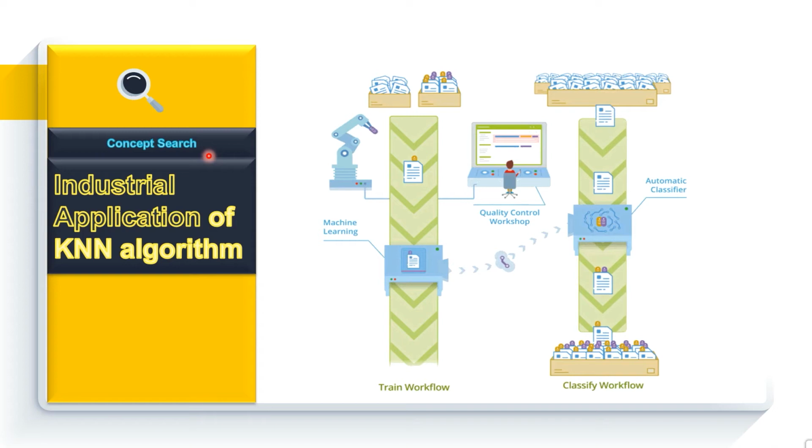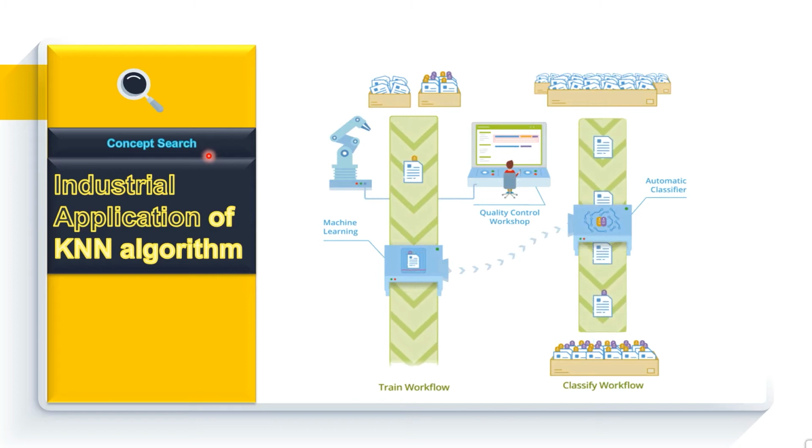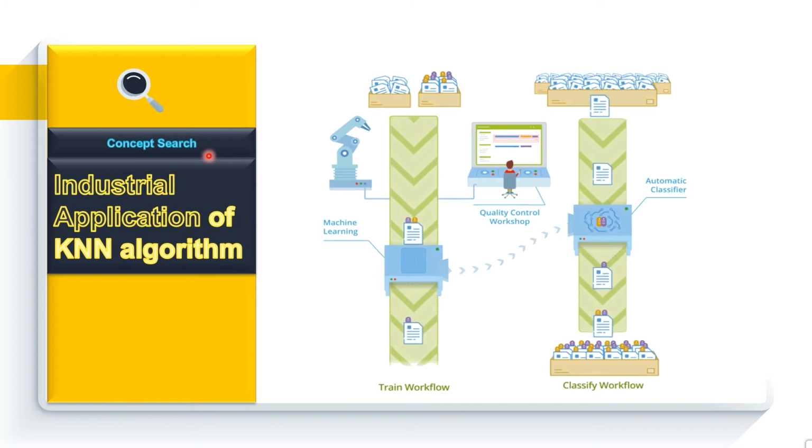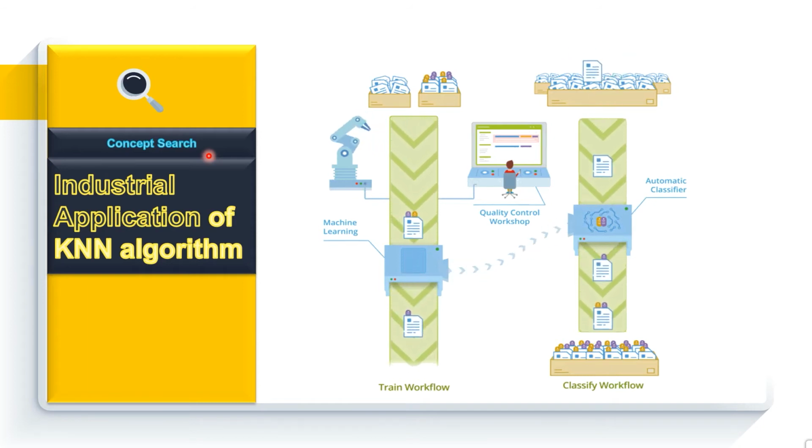So what we need is to find the concepts from this enormous amount of data sets and samples. So for this purpose, we'll be using KNN algorithms. More advanced examples could include handwriting detection like OCR, or image recognition, or even video recognition.